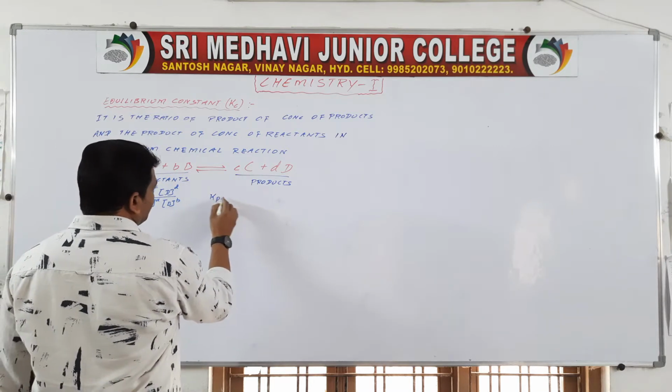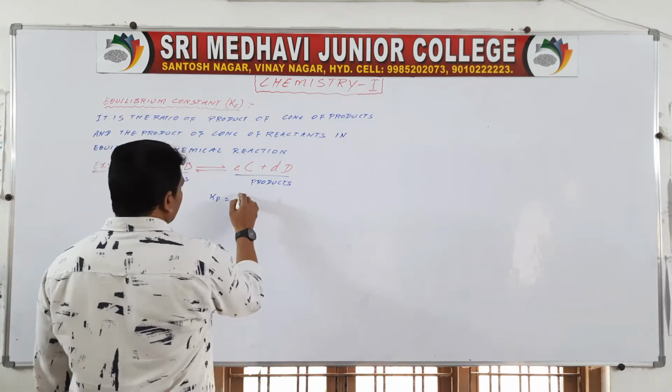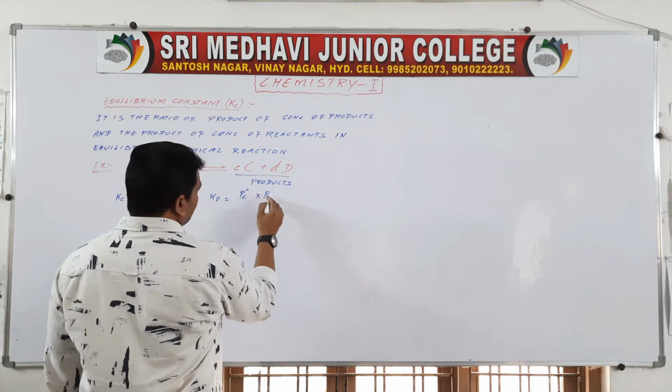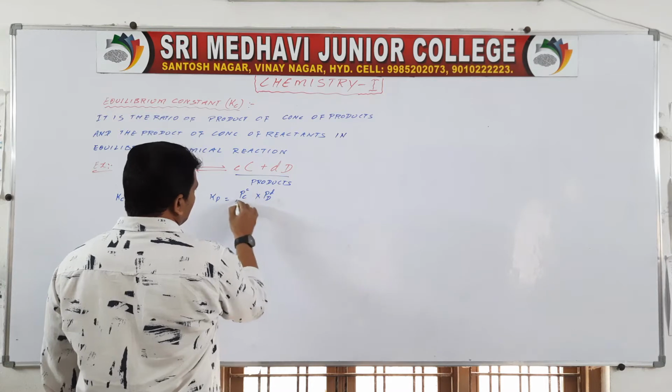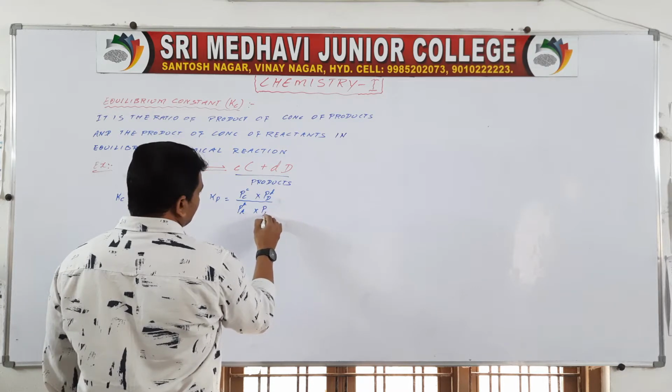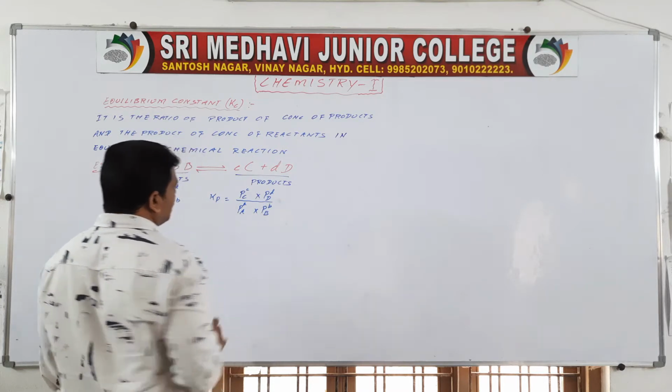Next, Kp equals P of C to the power c into P of D to the power d, divided by P of A to the power a into P of B to the power b.